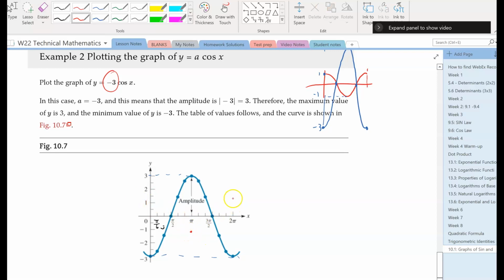There. You see how it got stretched by a factor of 3 and flipped. Like the x-axis is the flipping point, okay? The mirror. So that's what a change in amplitude does to the function.